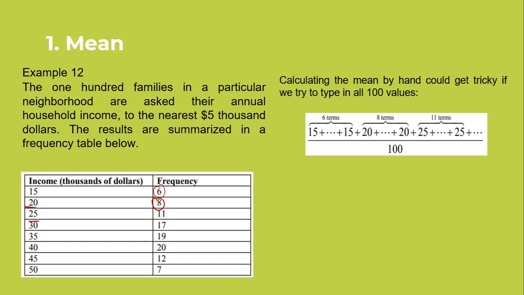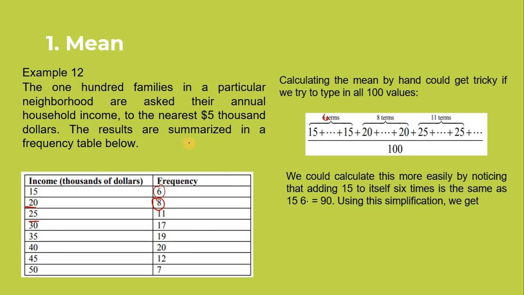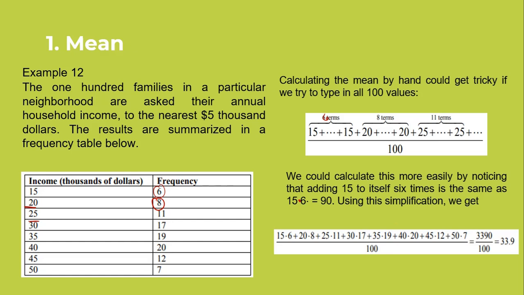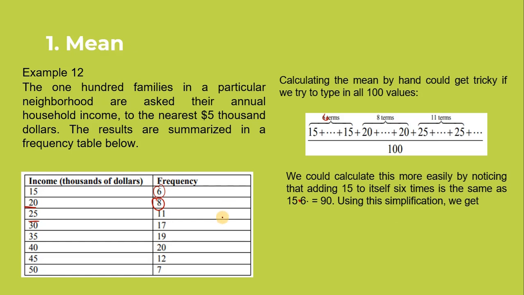So it would get tricky. It's like 15 six times, 20 times 8, 25 times 11, and so on. If you add all of them, we could calculate this more easily by noticing that adding 15 to itself 6 times is the same as 15 times 6, so 90. Using this simplification, we get this. How did that happen? Let me write it and solve it for you.